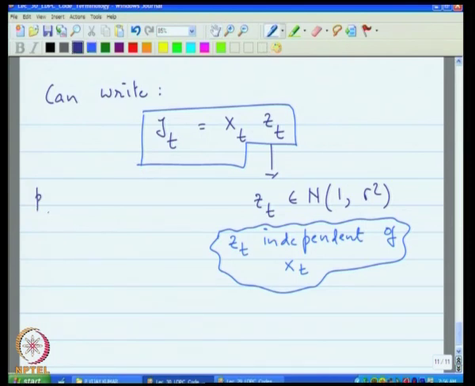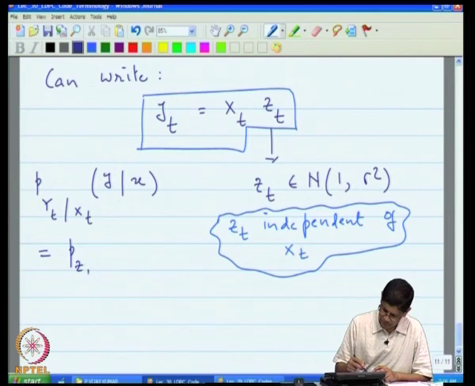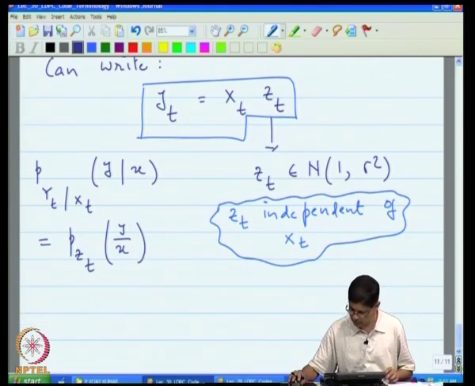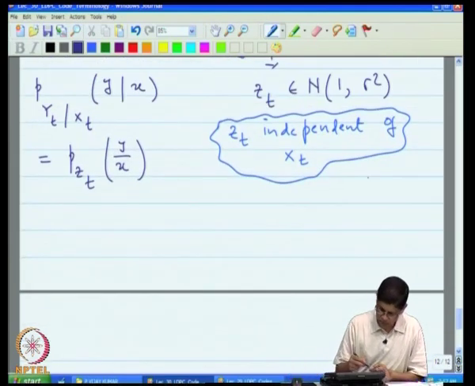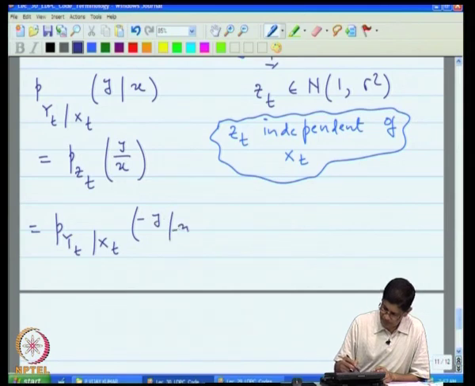Okay. Now, notice one thing, that in this particular case, supposing I asked you to compute P of y t given x t, of y given x. Now, that is easy to see that that is precisely P of z t evaluated at y divided by x, and it is also easy to see that this is also equal to P of y t given x t of minus y given minus x.